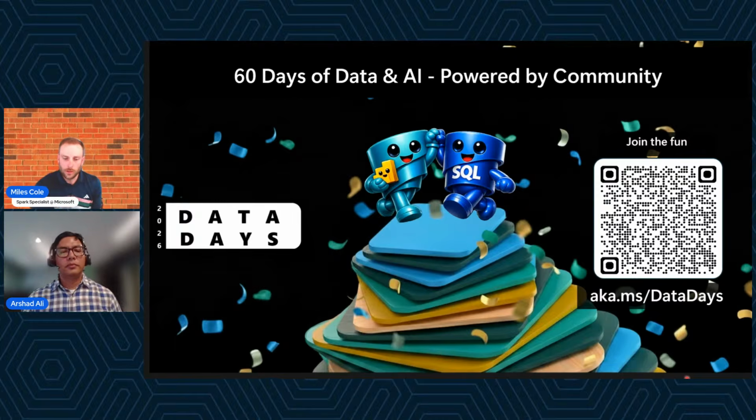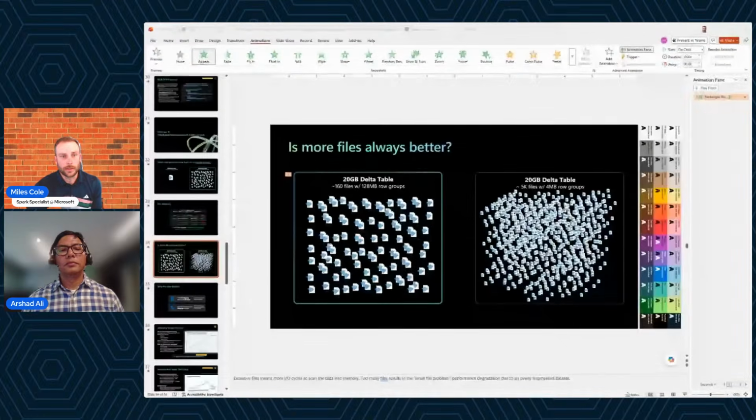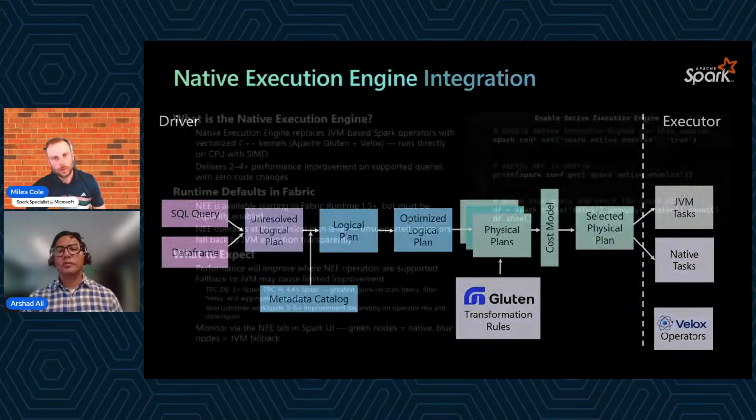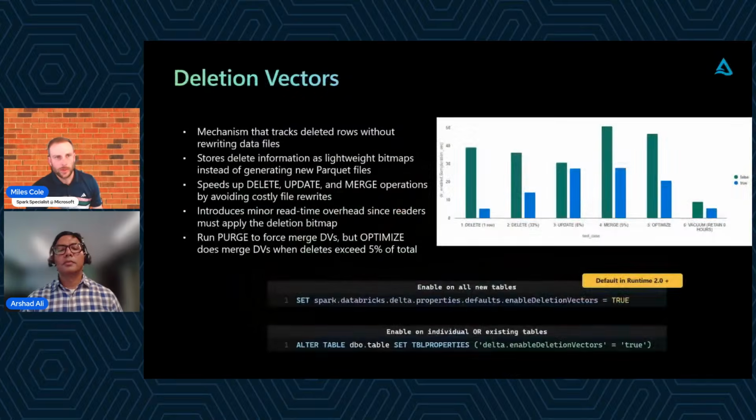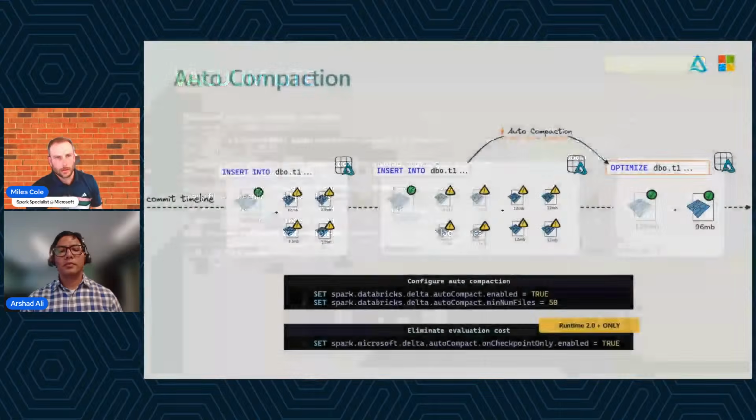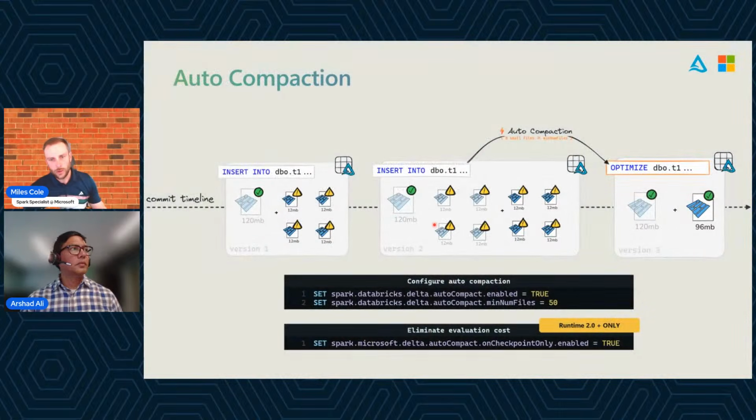So what auto, just go back to the slide. What auto compaction does every time it runs is it evaluates how many small files exist in the table. It defaults to 50, that's the threshold. So anytime there's 50 small files and you perform a write operation, it's going to flag those files and do that compaction work.